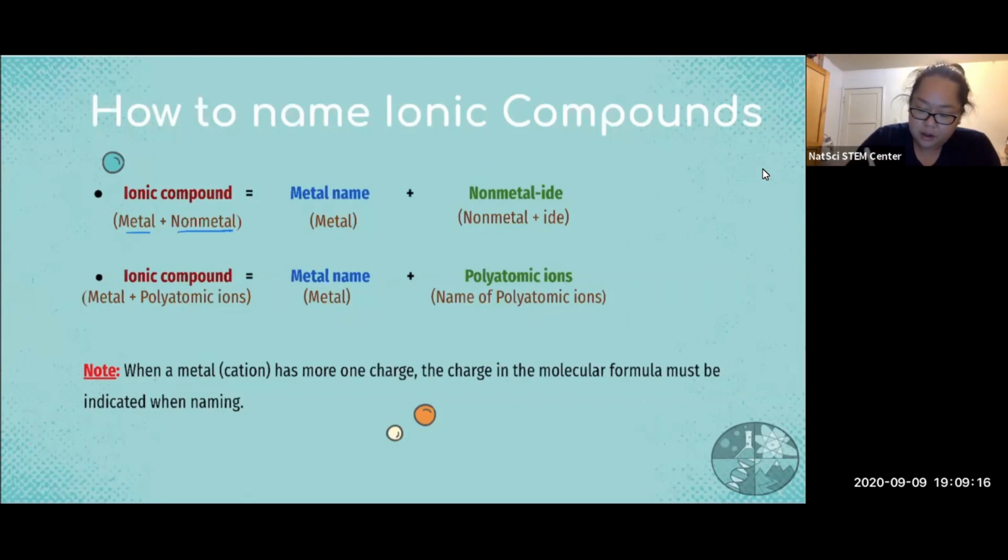So to name it, you'll have the metal name, something like calcium, and the non-metal name, and you'd add "ide." So let's do sulfur, so it would be sulfide. So this is sulfur plus "ide."